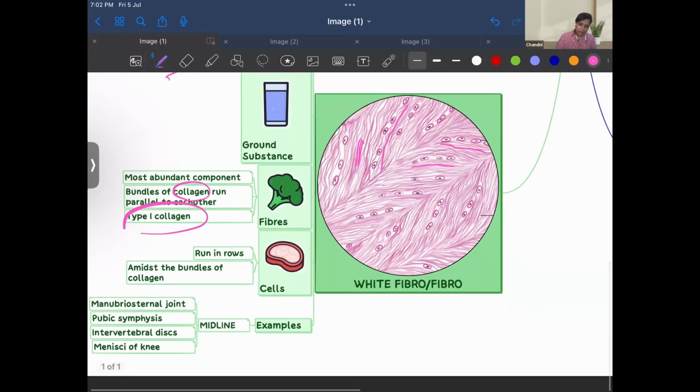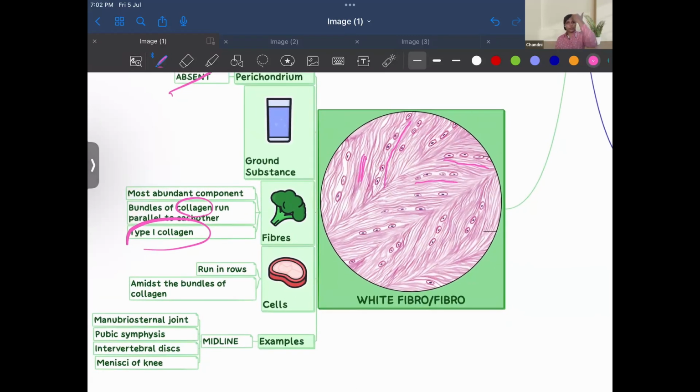And what else? To remember examples, you can remember all your midline structures. Manubriosternal, which means manubrium is the first part of the sternum. And then you have the body of the sternum. So where the manubrium joins the body is called the manubriosternal joint.